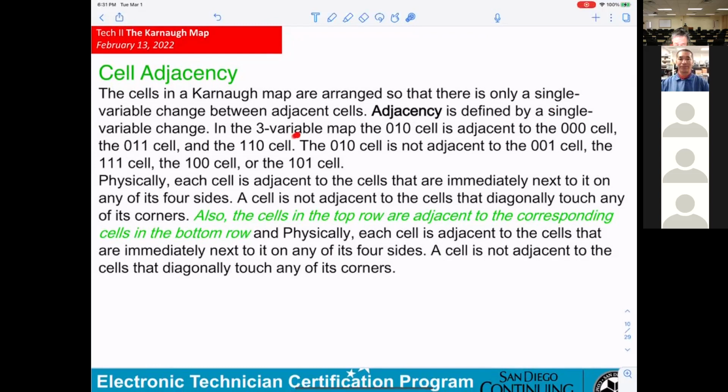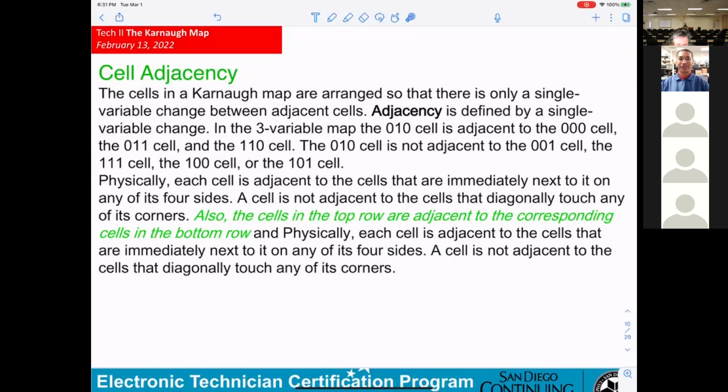In the 3 variable map, the 0, 1, 0 cell is adjacent to 0, 0, 0. You can see 0, 1, 0 and 0, 0, 0 have only one variable changing: one here, 0 here, and the others stay the same. That's what defines adjacency.